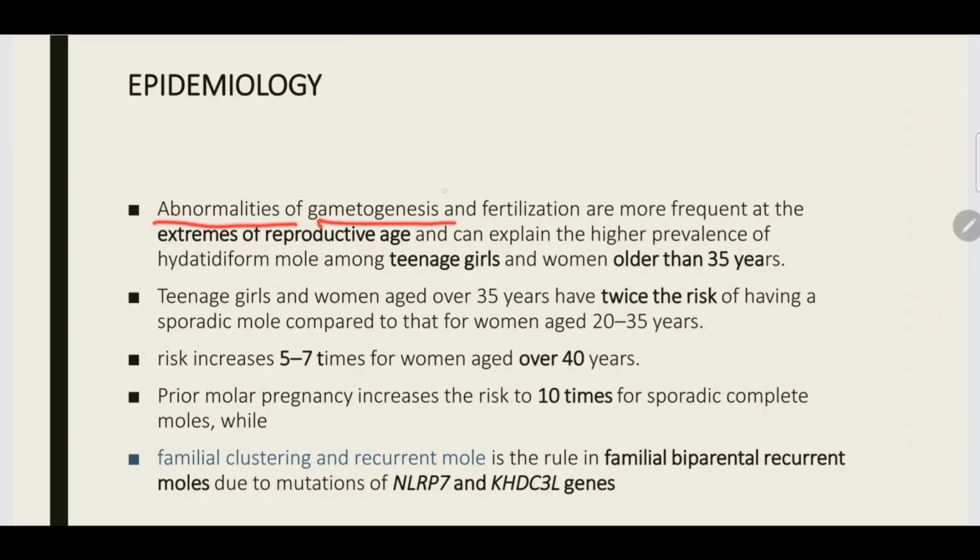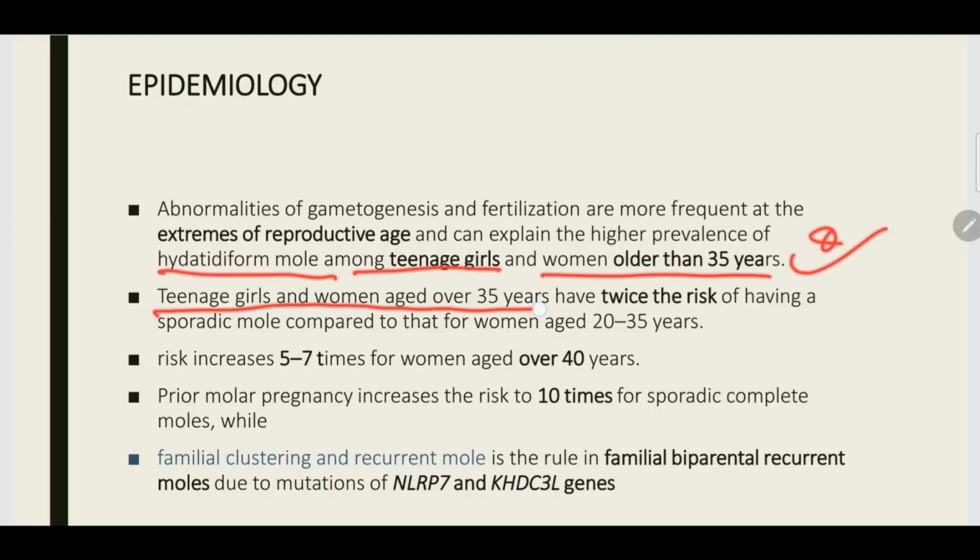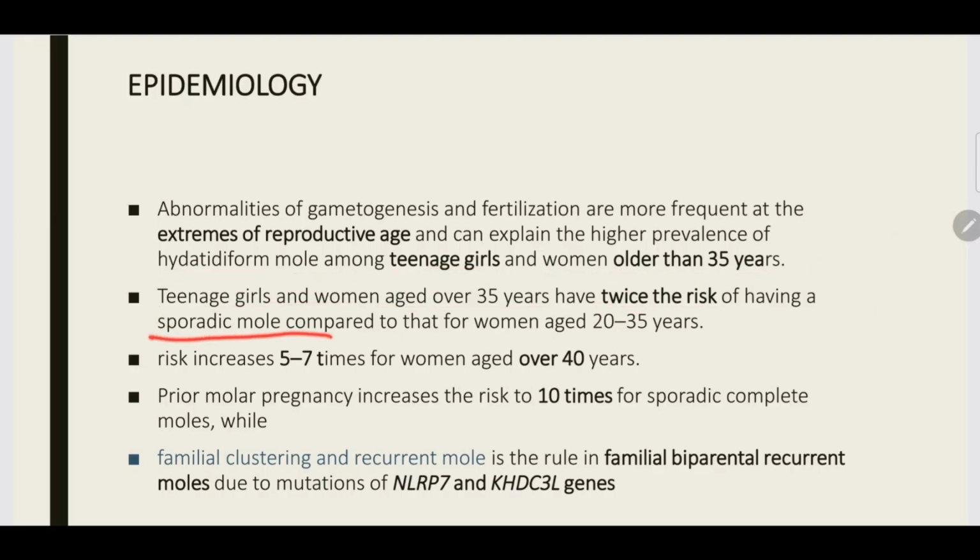Abnormalities of gametogenesis and fertilization are more frequent at the extremities of reproductive age group and can explain the higher prevalence of hydatidiform mole among teenage girls and women older than 35 years. Teenage girls and women over 35 years have twice the risk of having a sporadic mole compared to women in the age group between 20 to 35 years, and the risk increases 5 to 7 times for women aged over 40 years.